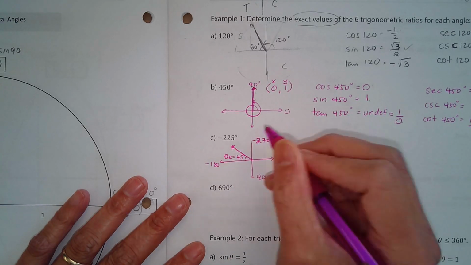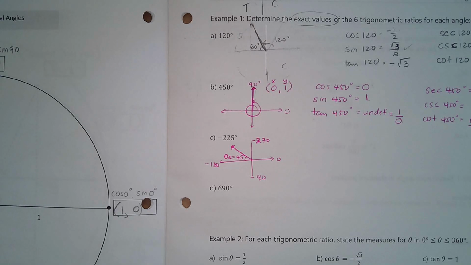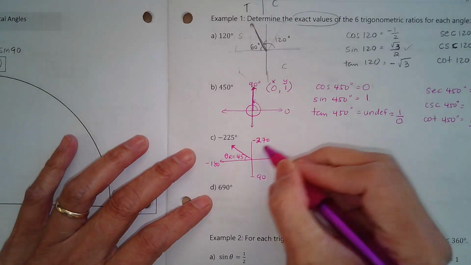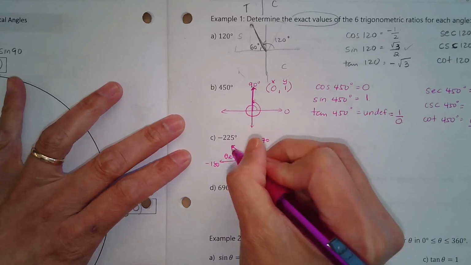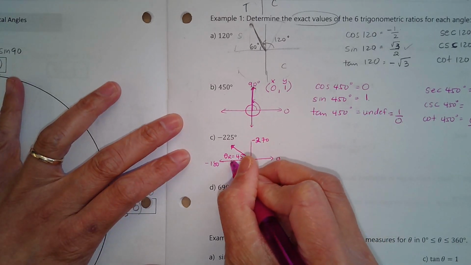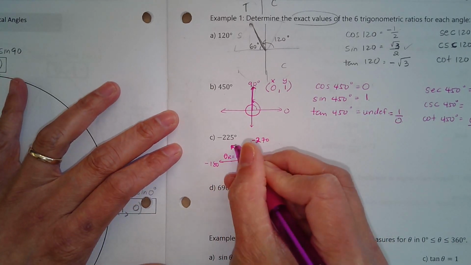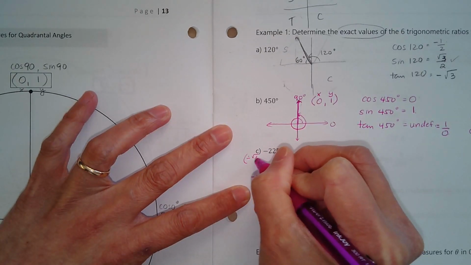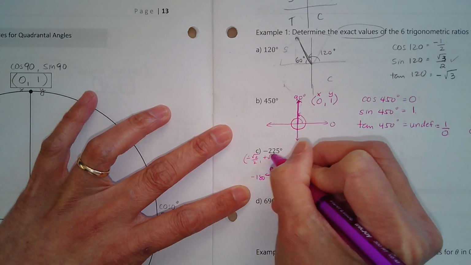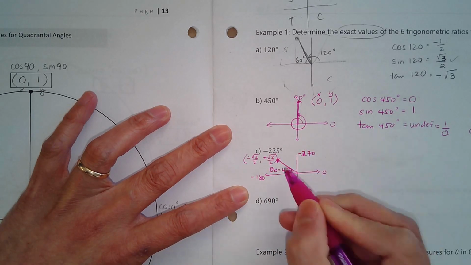If it's 45 degrees, it's root 2 over 2 and root 2 over 2. But it's in quadrant number 2, so it's going to be negative root 2 over 2, positive root 2 over 2. This is a special angle.